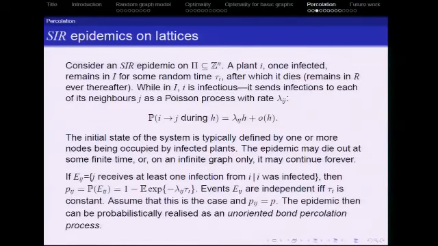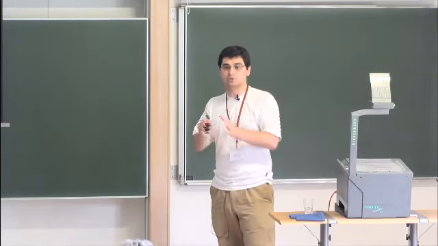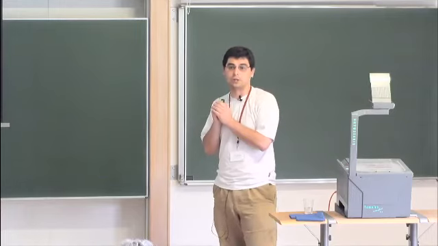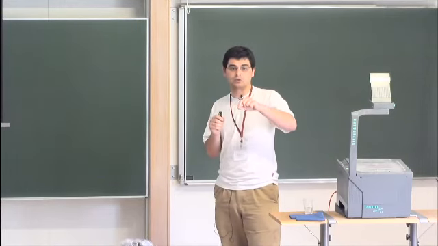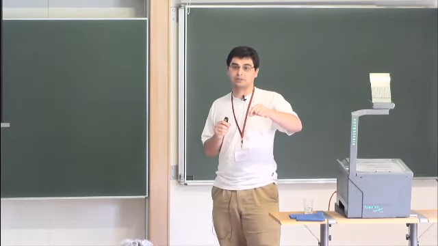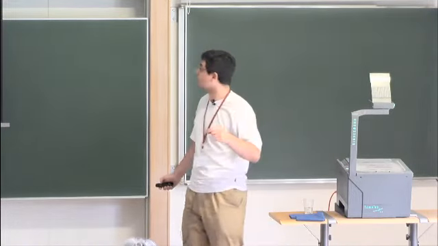If we have an SIR epidemic with fixed infectious times, then the epidemic can probabilistically be realized as an unoriented bond percolation process. In what sense? The distribution of the set of ever infected nodes or sites just coincides with the distribution of sites from a cluster in the corresponding percolation model.